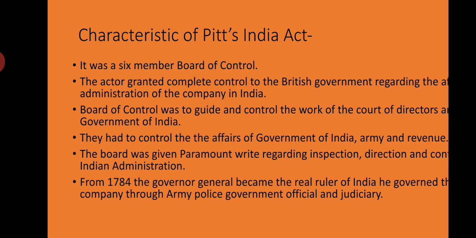Now let's talk about the characteristics of Pitt's India Act. The act granted complete control to the British government regarding the affairs of administration of the company in India. There was a 6-member Board of Control.